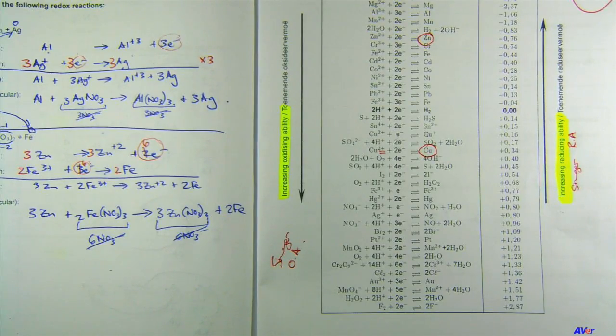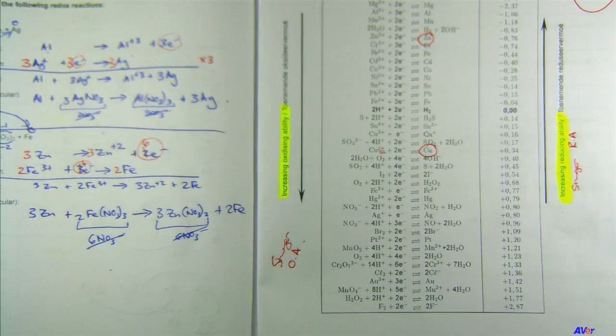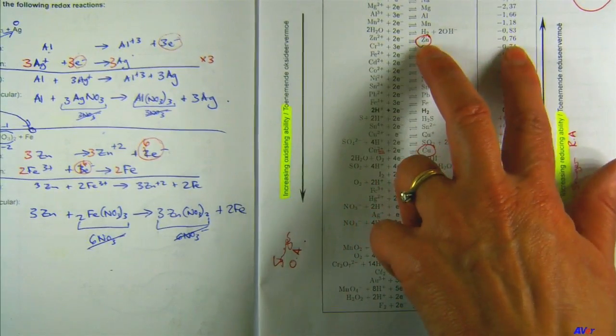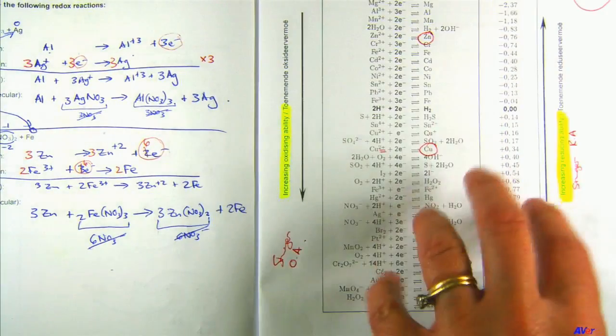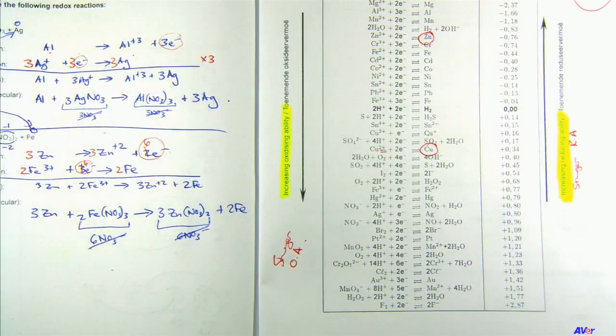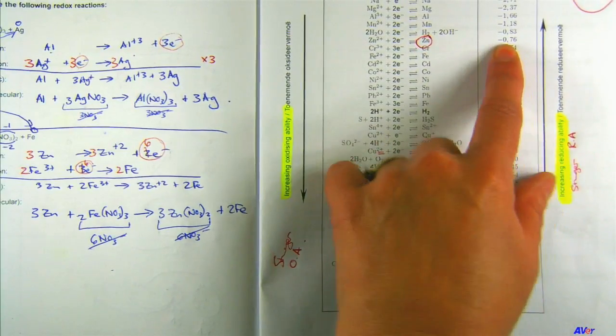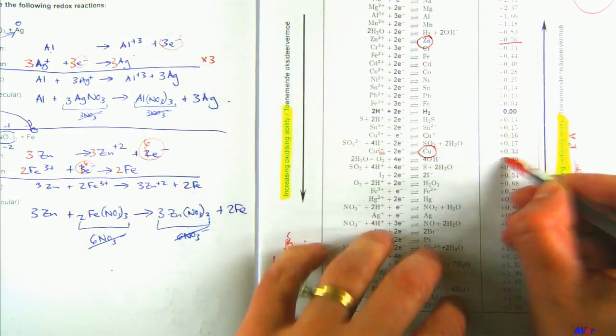Which is the stronger reducing agent? The zinc. It's got the more negative value. Remember, stronger reducing agent, on this table it's higher, but you shouldn't say higher. You should say it's got the more negative E0 value.